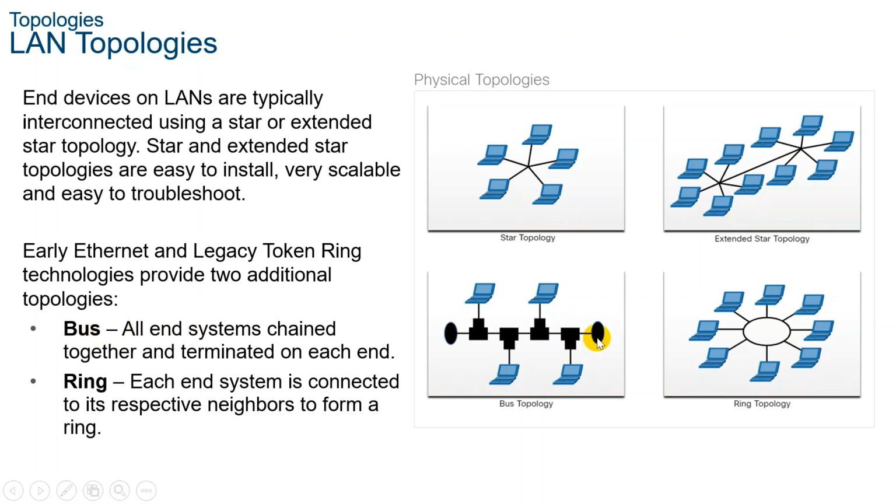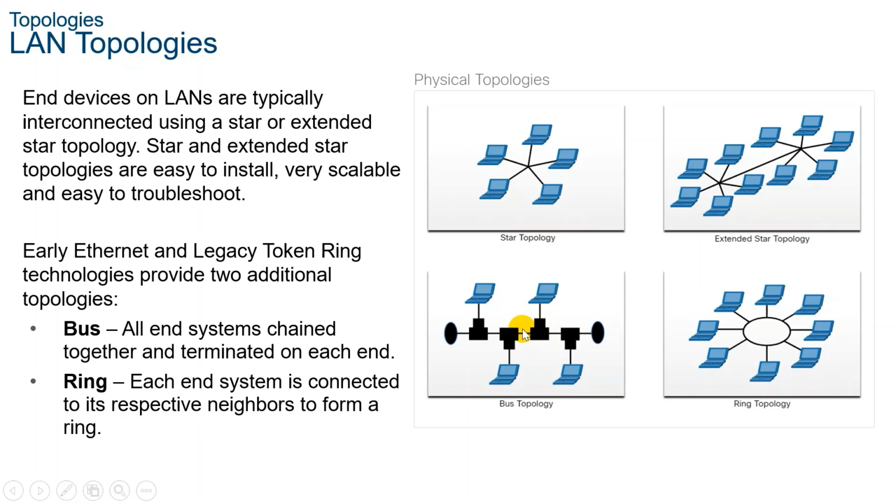In the bus topology, as you can see in the diagram, all the end systems are chained to each other and terminated in some form on each end by a terminating resistor, or TR. Legacy Ethernet networks are often bus topologies using coaxial cables because it was inexpensive and easy to set up. As far as I remember, during our training days, when we implemented bus topology, it had a maximum of 10 workstations only.